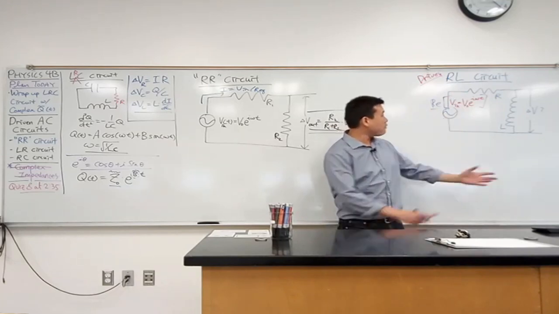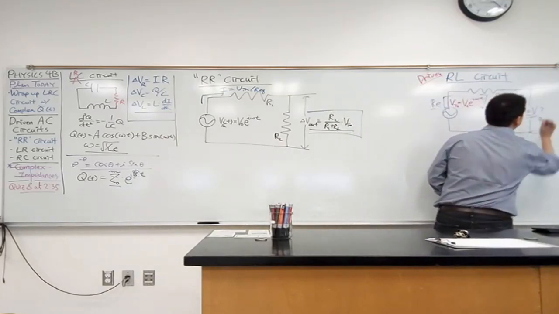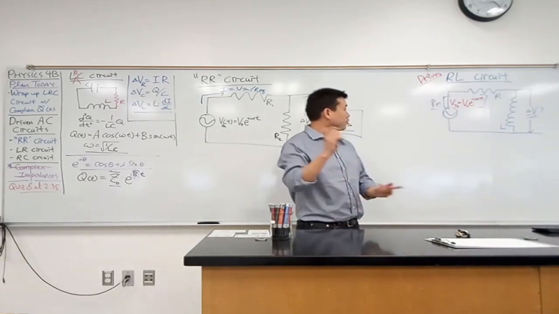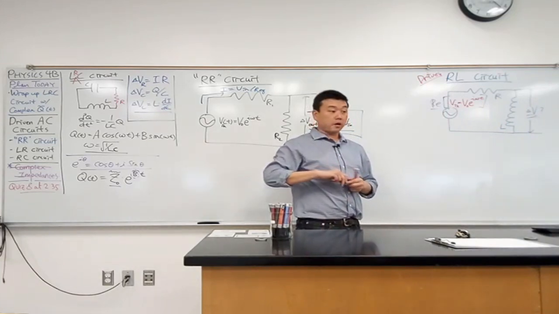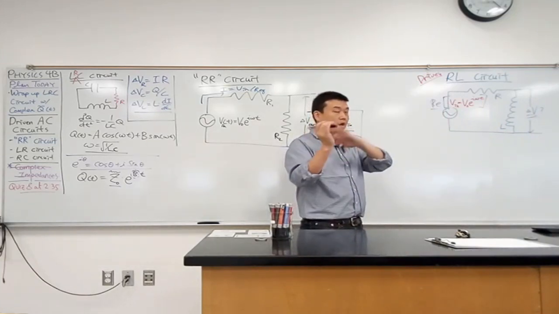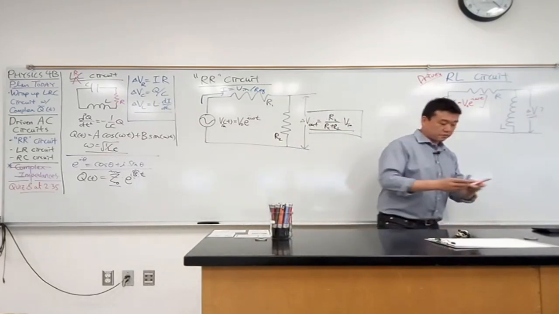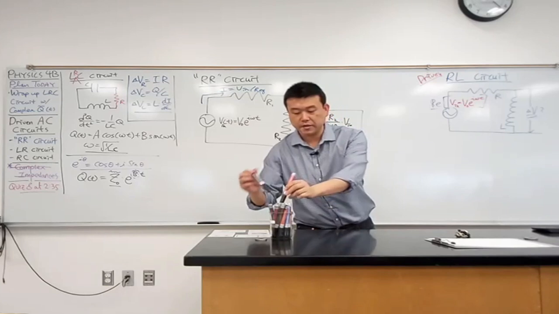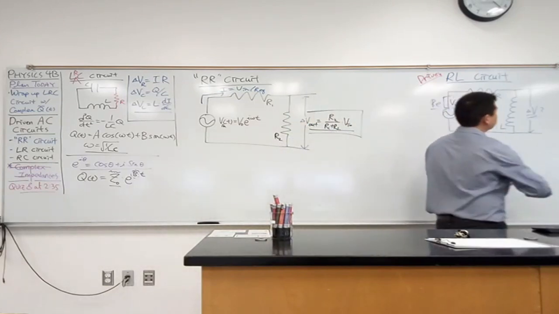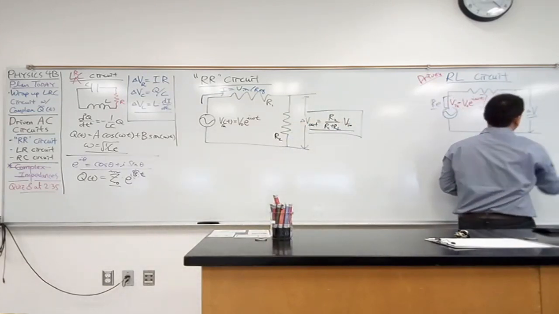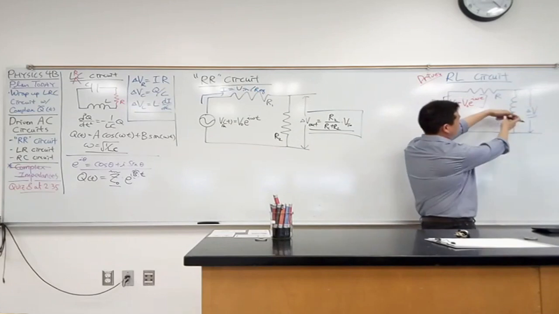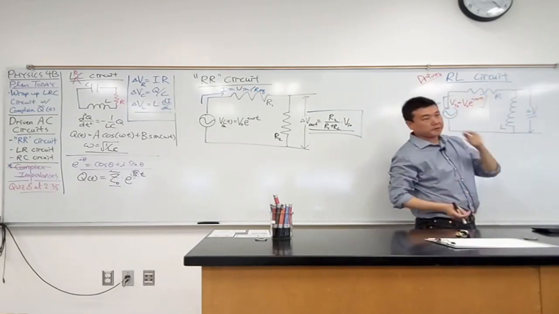Okay, so I want to find the voltage output here. So I'm going to go through the motions of Kirchhoff's law application to find the voltage there. I can say the voltage out is the voltage across the inductor.